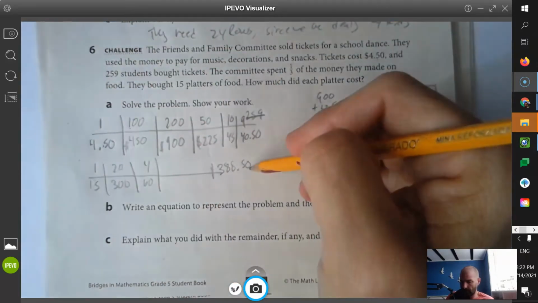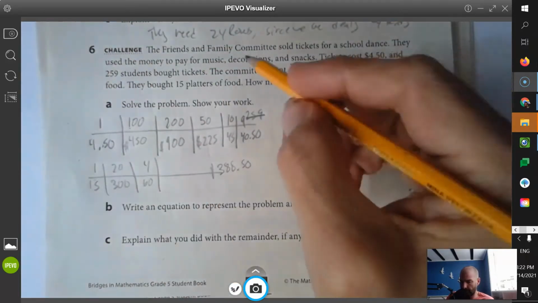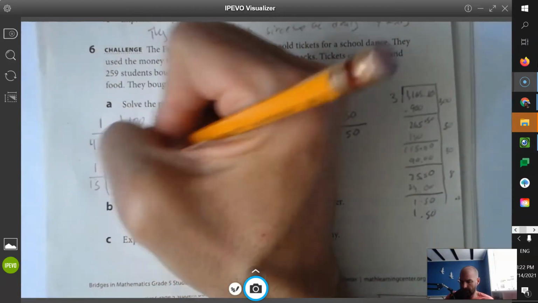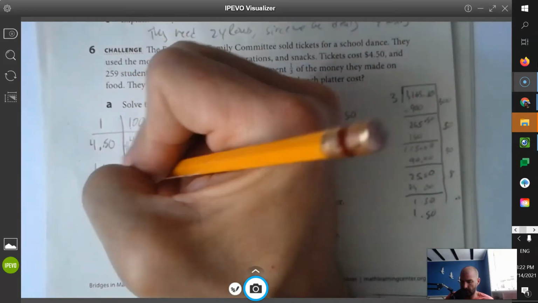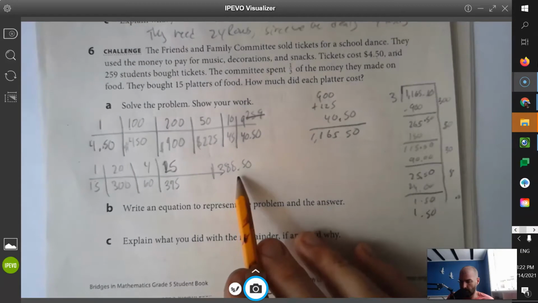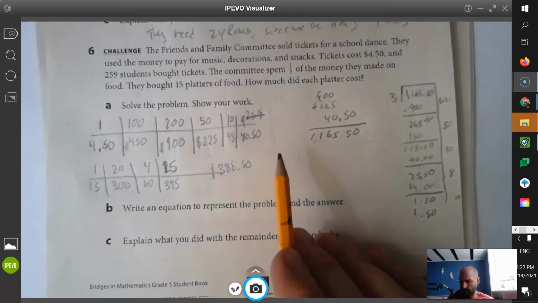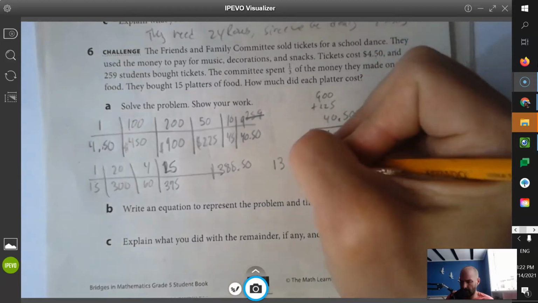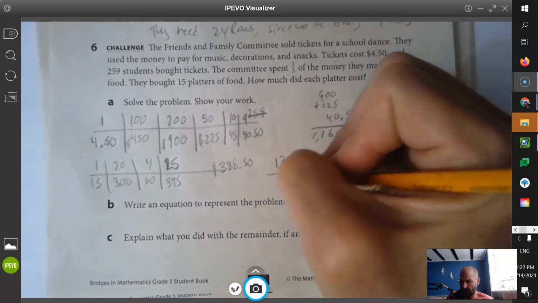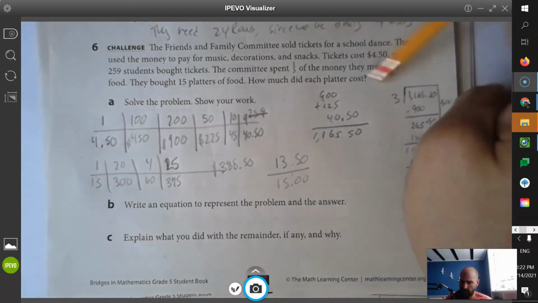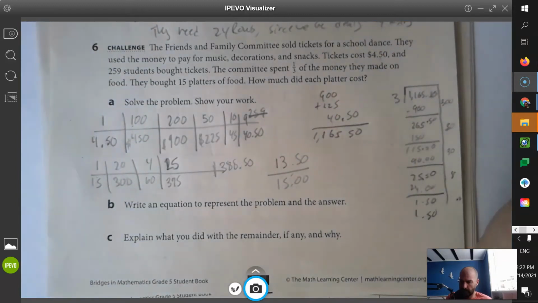Let's see what $25 is. $25 would be $375, and I am $13.50 away. That doesn't seem right at all. $13.50 over 15. I think I did something wrong. What did I do wrong? I'm gonna have to pause, and I'm gonna finish this tomorrow.